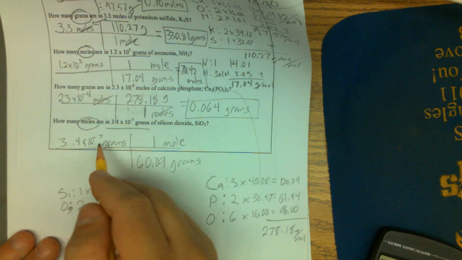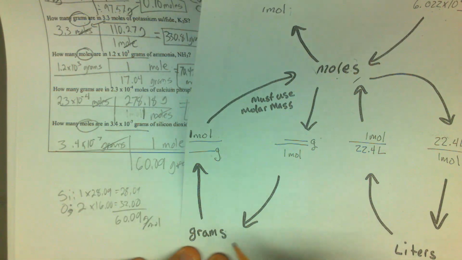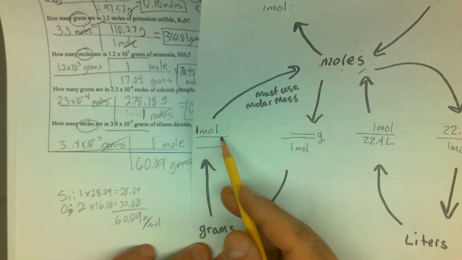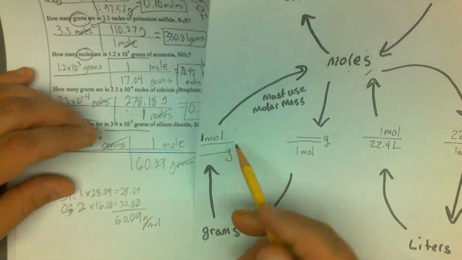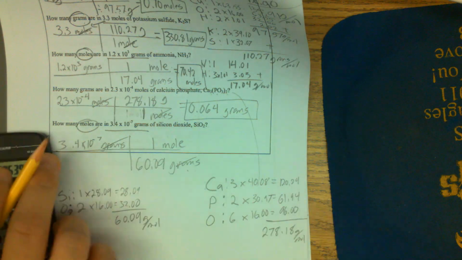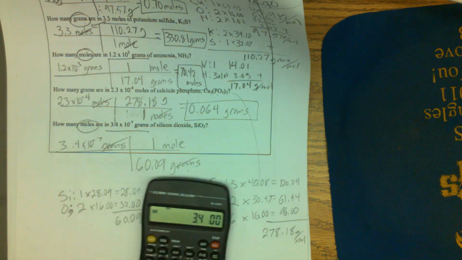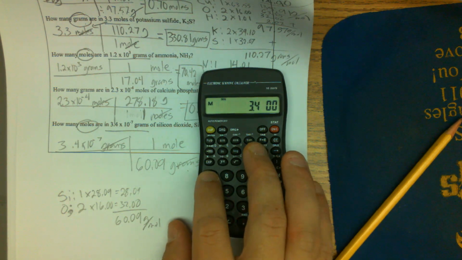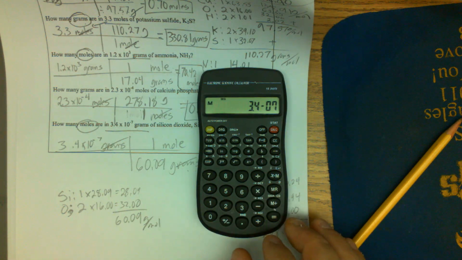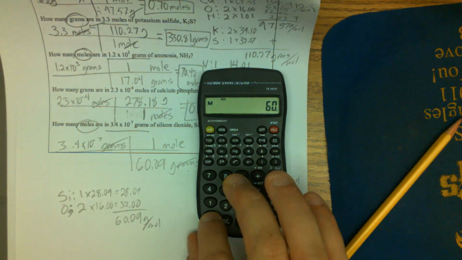We know that this cancels out, or we could look at our math. If we're going from grams to moles, we're going to use 1 mole over the mass. So then we divide 3.4 times 10 to the negative 7 power by 60.09.